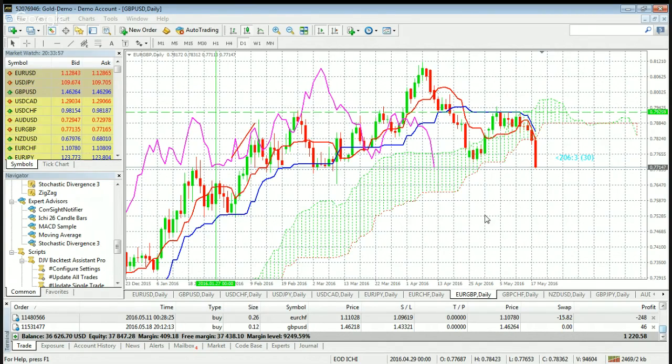Ah, nice one to sell. That's it, exactly. Now, the question is, do we take it? That's the big question. Remember, Kumo breaks are the most difficult ones to take. What would you say? Take a chance on this, or rather wait a little bit?